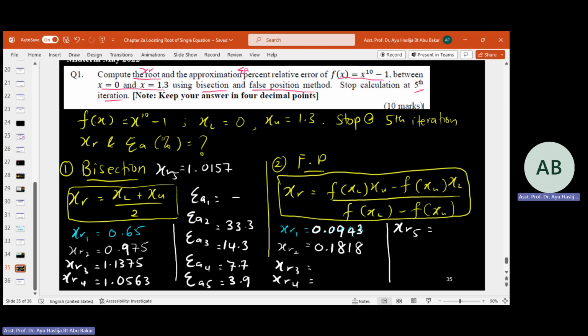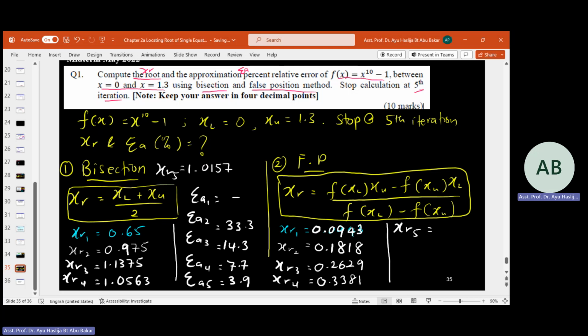So Peto, what do you get for your XR3 false position? 0.2629, right? Ang Yok Ling, XR4, what do you get for false position? 0.338, 81 or 82.